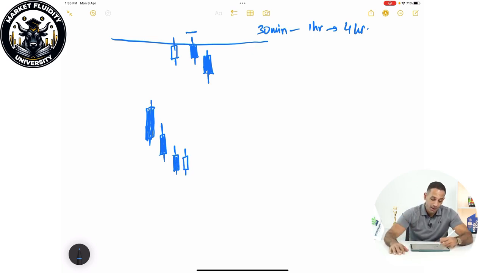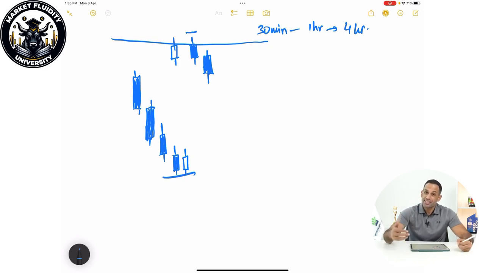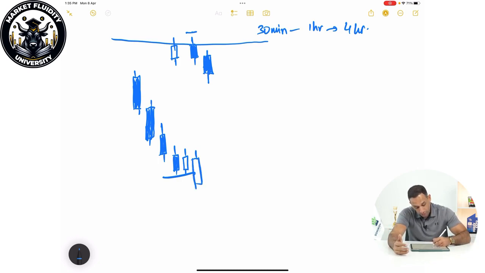So a lot of times what guys are going to do is they will say, okay, now we formed some sort of a support, and at this support, let me take a buy. So the problem is, if you're taking a buy over here and you're expecting price to go up, the next candle may continue to go down like this, and now you're stuck in a buy.